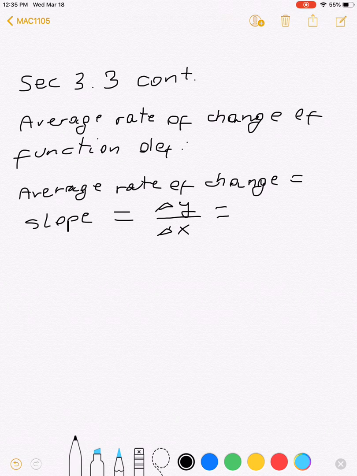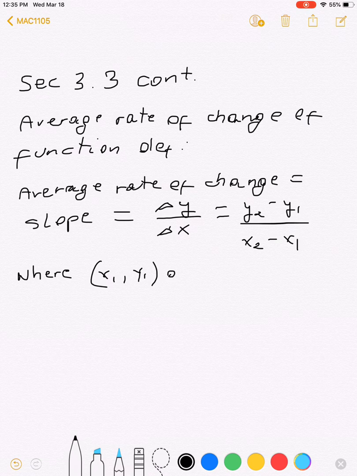And we know the slope formula, which is y2 minus y1 divided by x2 minus x1, where x1, y1 and x2, y2 are points on the graph.